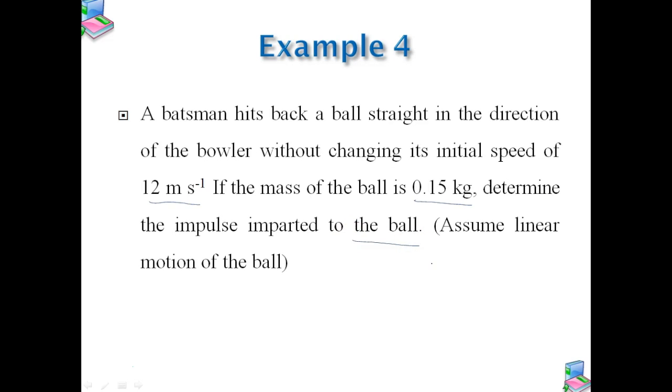Here also the force acting is an impulsive force, because when a batsman hits the ball, it is for a very short duration of time, but the force is so much greater that it reverses the momentum. So in this case we need to find the impulse.